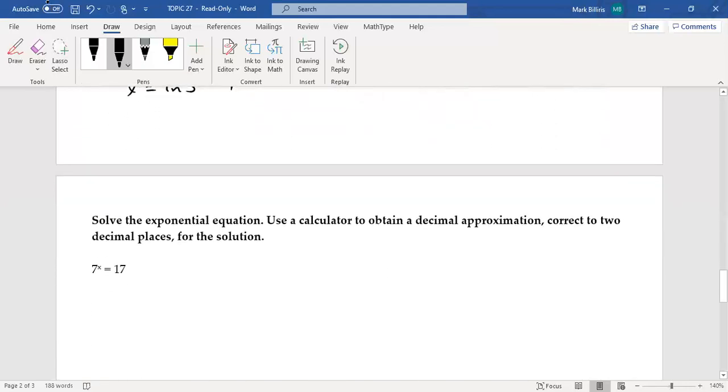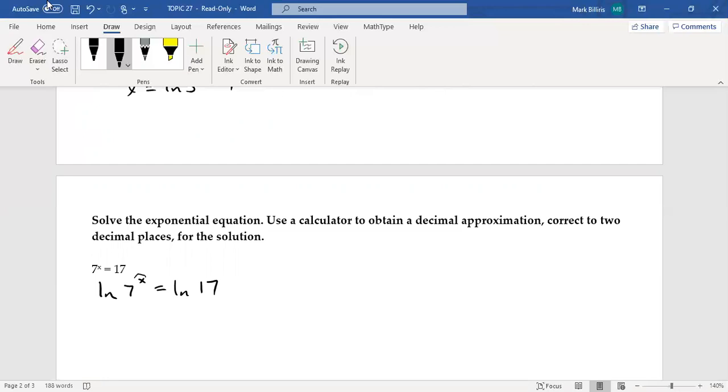Next one, the only difference in this problem is in the instructions. It says use a calculator to obtain a decimal approximation correct to 2 decimal places. Since we can't write 7 and 17 into the same base, we're going to apply the natural log to both sides. Next, use the power rule.